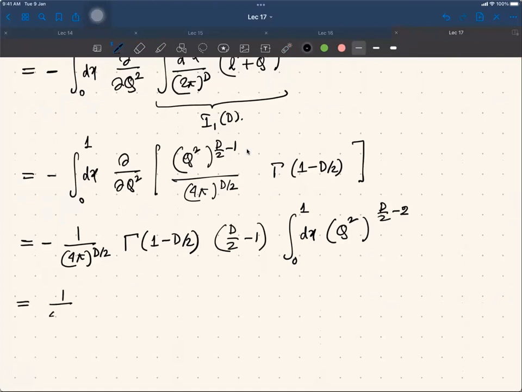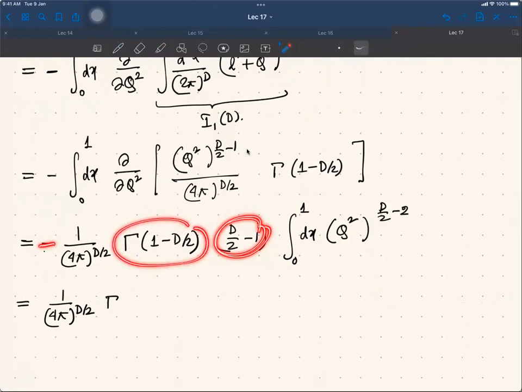And that's 1 over 4 pi to the power d by 2 gamma, with a minus sign, this can be read as 1 minus d by 2 with the minus sign. So 1 minus d by 2 times gamma 1 minus d by 2 is gamma 2 minus d by 2.